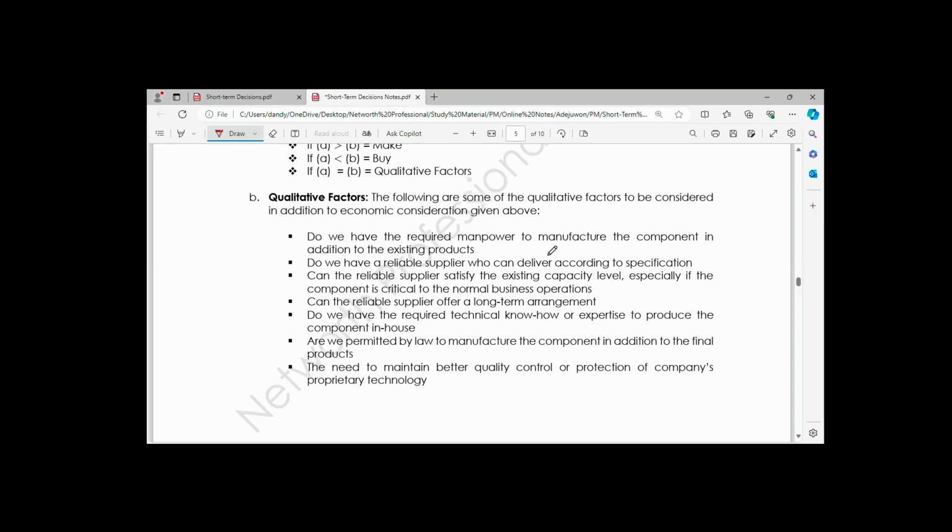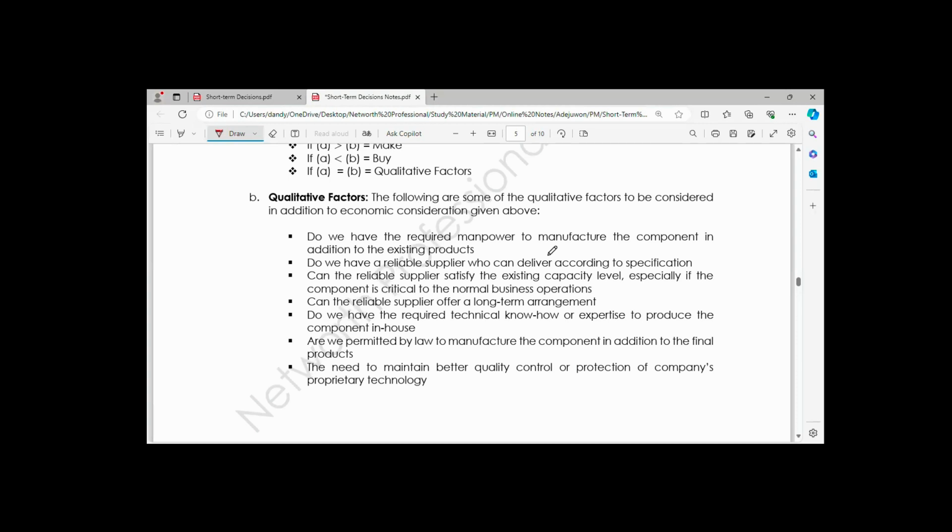So you can take about 3 internally, then 2 or 3 if you want to outsource the components. Before you know it, you have about 5 or 6 or even more when you are asked to state your qualitative factors. So under make or buy decision, one key factor you must consider is, for example, if the company has the option to make the component internally, the company will need to ask itself some critical questions.